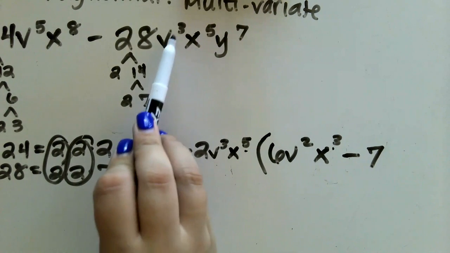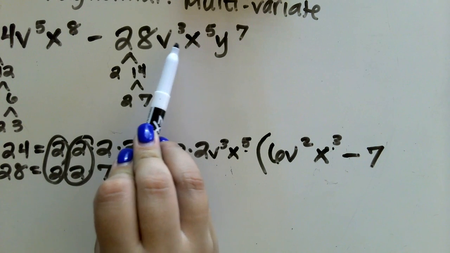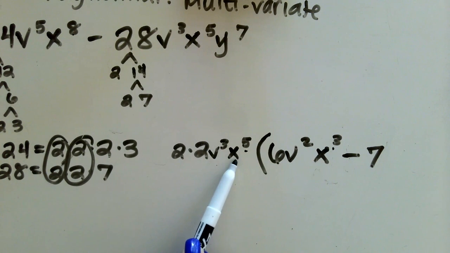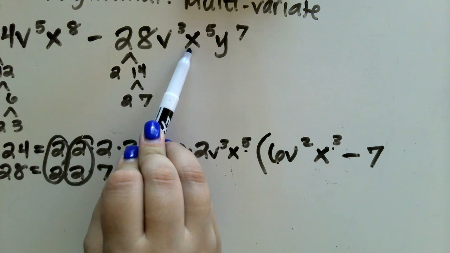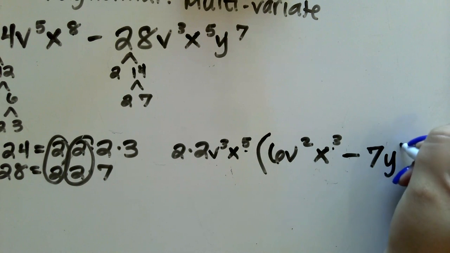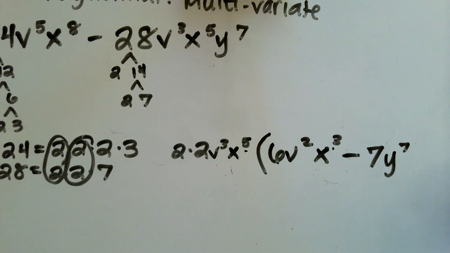Now again, we already pulled out v to the 3rd. There's no v's remaining in that second term. We also already pulled out all the x's in that second term, but we do have y's left over, and we're just going to bring that down. We were not able to pull any y's out because this first term has no y's.